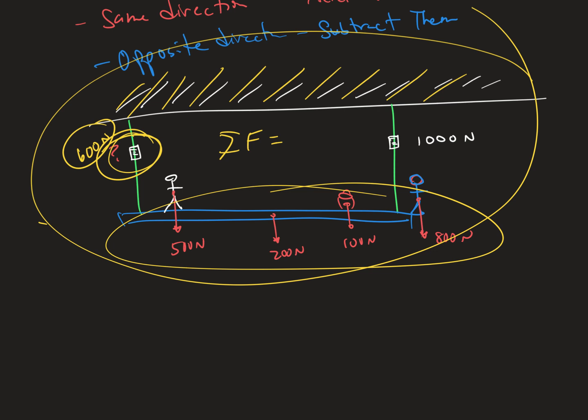So we add those together, and what do we get? 800 plus 800 is 1,600 newtons going down. How much force do we have to have going up if the net force is 0? 1,600 newtons. There's 1,000 right there, so this side has to be 600. Do you get that? Question.